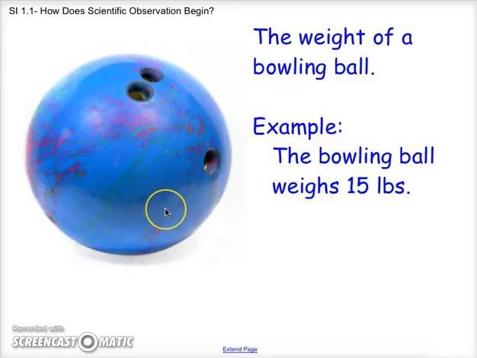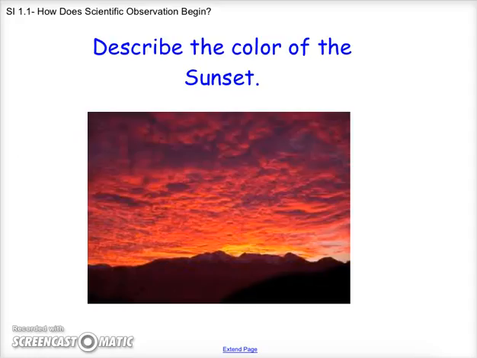If I say the bowling ball is blue with purple swirls, that would be a qualitative measurement because I am using my senses and my opinions to say that this ball looks the way it does. If I were to describe the color of the sunset, that would also be qualitative.